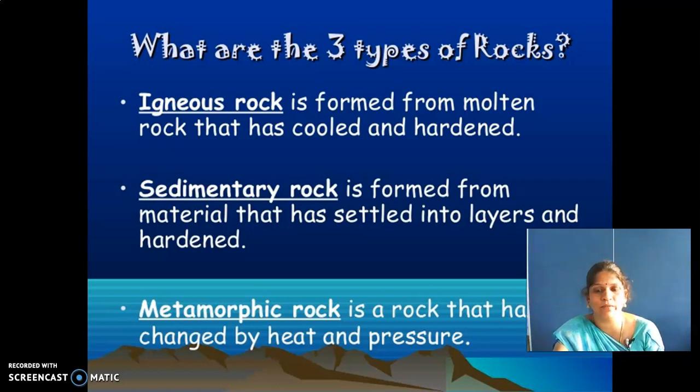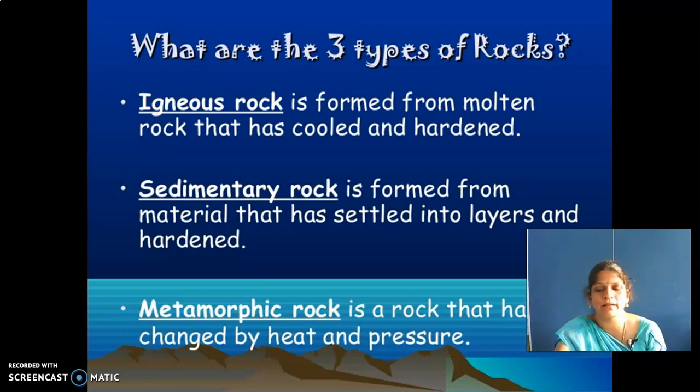What does igneous mean? Two of the words, igneous and sedimentary, came from Latin. Igneous comes from the Latin word ignis, meaning fire. So from the name itself we understand how the rock is formed. Sedimentary comes from the Latin word sedimentum, which means settled down.